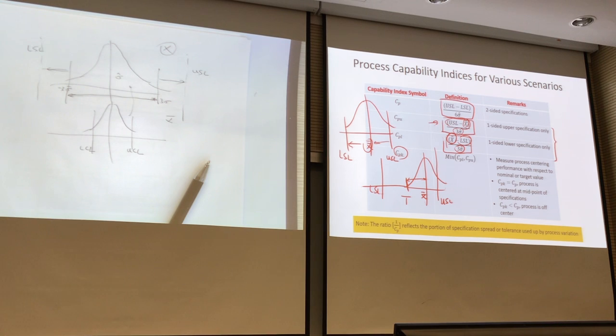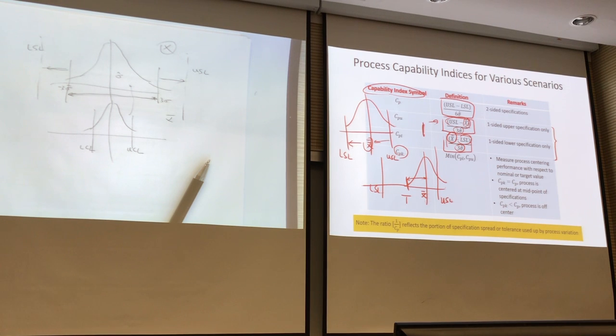In this case you can still calculate this, but your process capability index is skewed to one side. So take the smaller value, the limiting constraint, where you waste your potential. It's the minimum of the two.